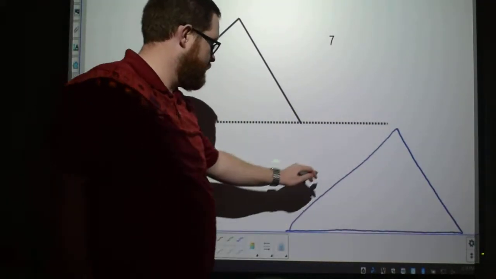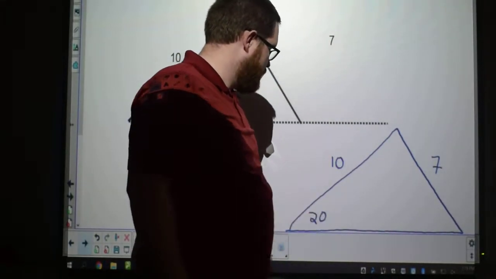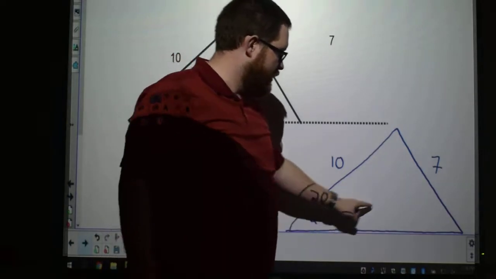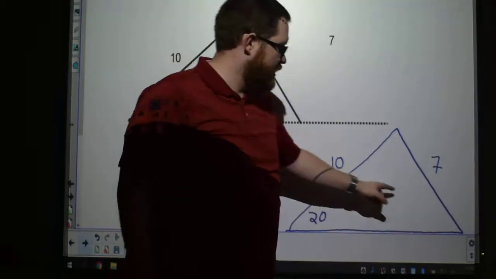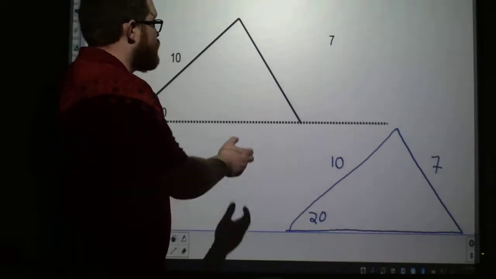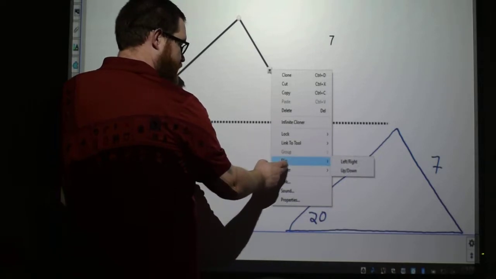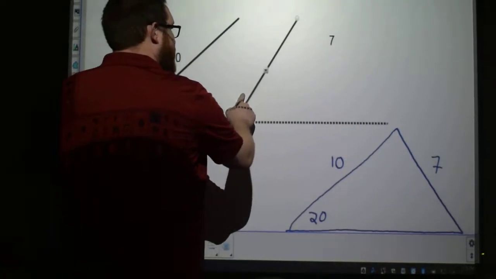With 10 right here, 7 right here, and 20 degrees. And then you could use these two to make law of sines, 10 and that angle. So that seems easy. But there's another triangle you can make. What if this side was flipped the other way? Now look at this triangle.